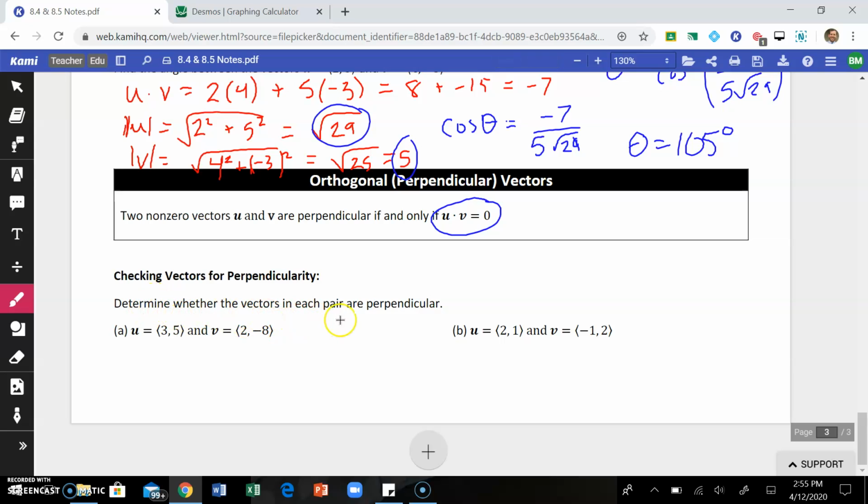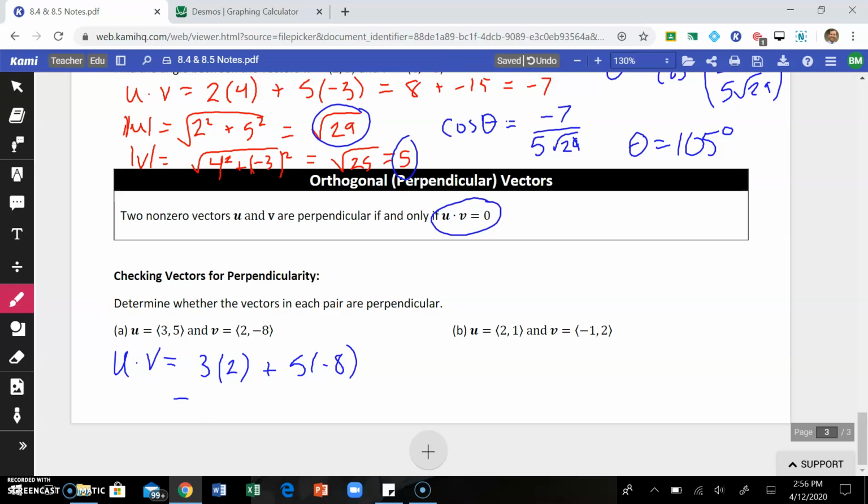So, determine whether the vectors in each pair are perpendicular or not. I'm only going to do one of these examples, but the idea is if I do the dot product and I get 0, then yes, they are perpendicular. So u dotted with v in this case, we're going to have 3 times 2 plus 5 times negative 8.